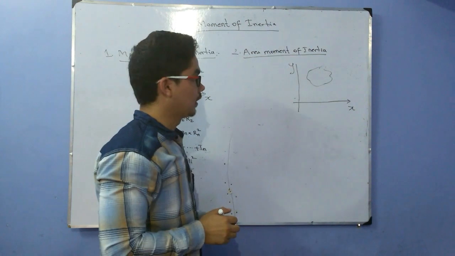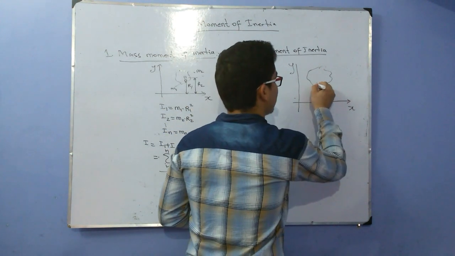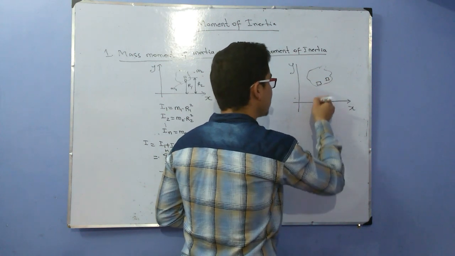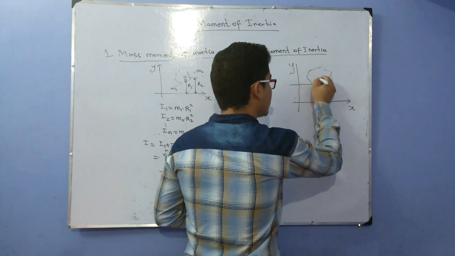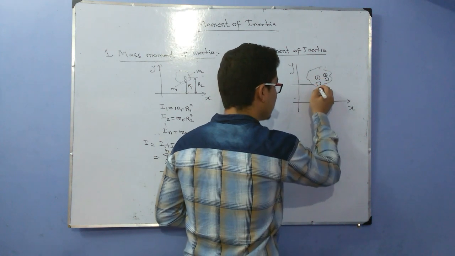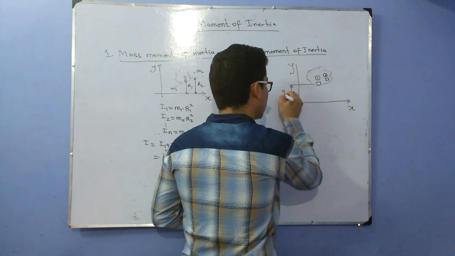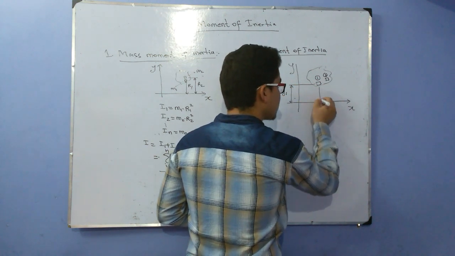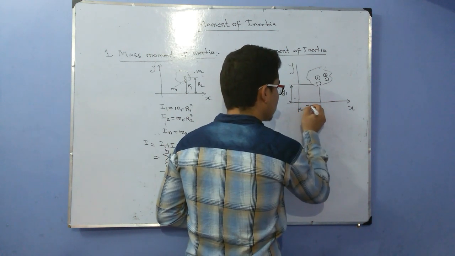In the same way, if I divide this one into different parts, first I'm assuming only two parts. It can be divided into different parts. Now, for part 1 of the object, the distance is, let it be, y1 from the x-axis, and its distance from the y-axis be x1.